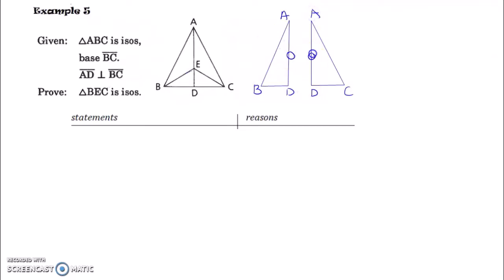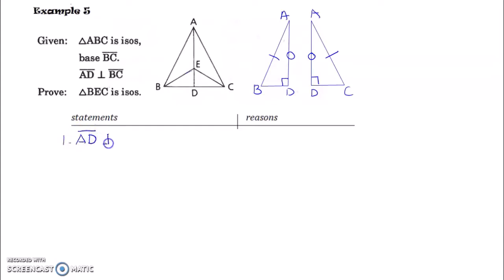Because we would have AD as reflexive, the right angles, and then we'd also be able to say that those are congruent because it is an isosceles triangle with base BC. So I think I'm going to start by proving those two triangles congruent by hypotenuse leg, which means I need to begin with my right angle.